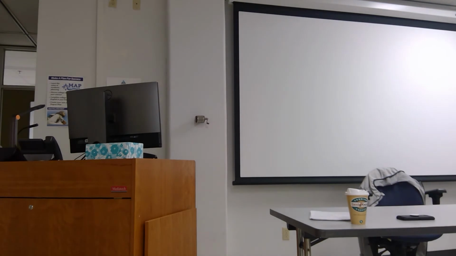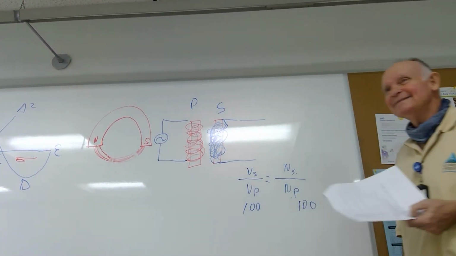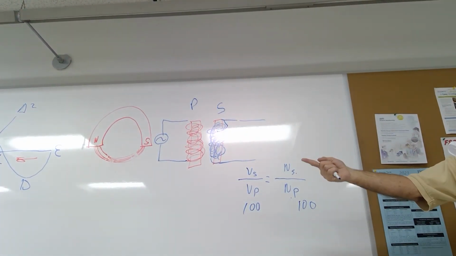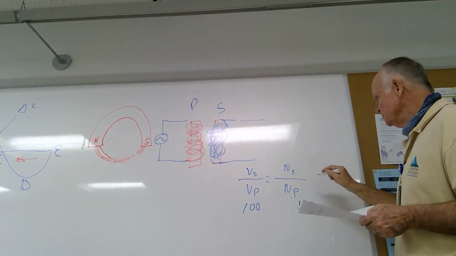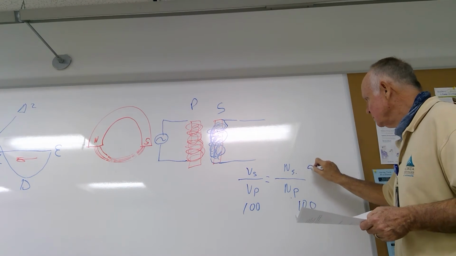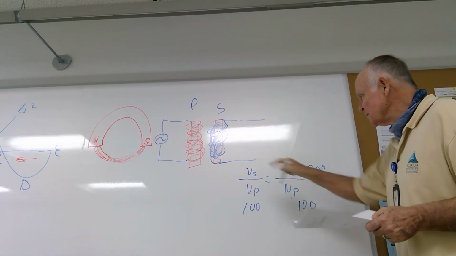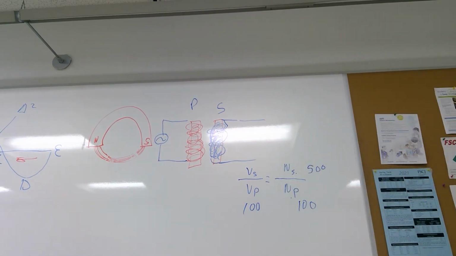I'm going to get writer's cramp doing this, right? 500 turns. Now is a what? Step up. Where do I put the 500? NS. Right here? What's the voltage in the secondary? Go ahead, do it.